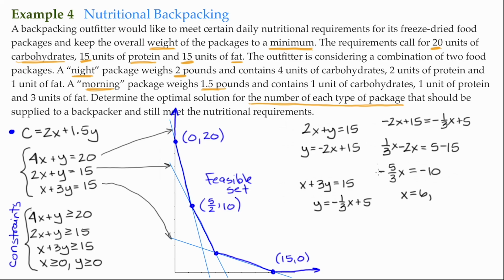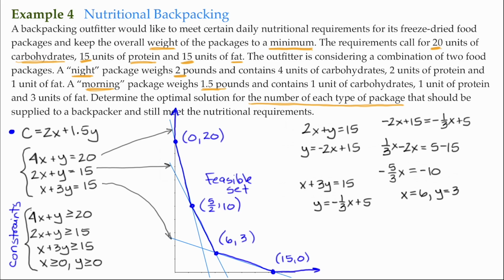Take this value and slug it into either one of these equations. How about if we slug it in here? Negative 2 times 6 is negative 12. Negative 12 plus 15, y has got to be equal to 3. So the coordinate for right here, 6 and 3.